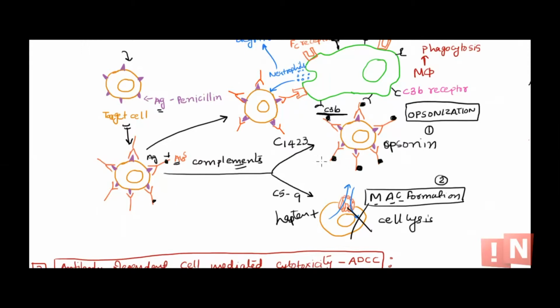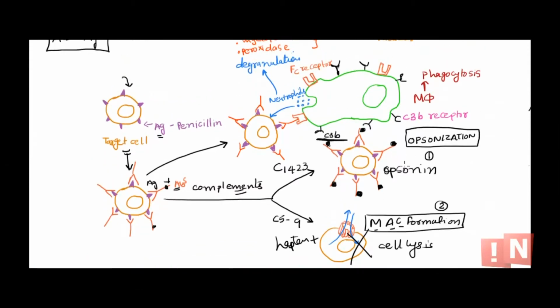Look here, all the C3b molecules have bound to this Fc portion. Why is it doing so? Because it is opsonizing the cell. That means it is marking the cell and telling the macrophages that this is the cell you need to eat up. So opsonization is a process of making the cell ready for phagocytosis by the phagocytes.